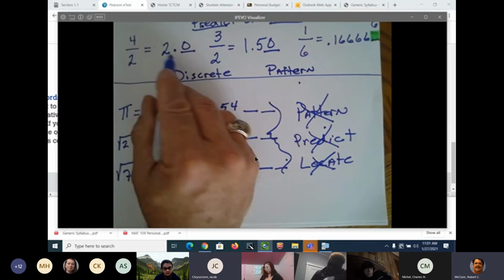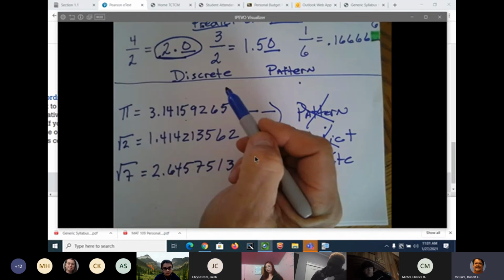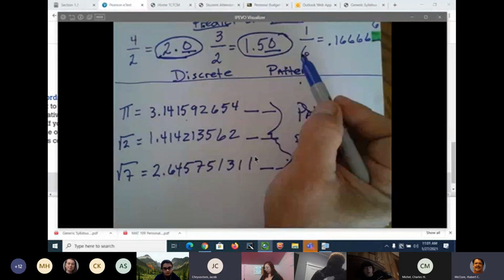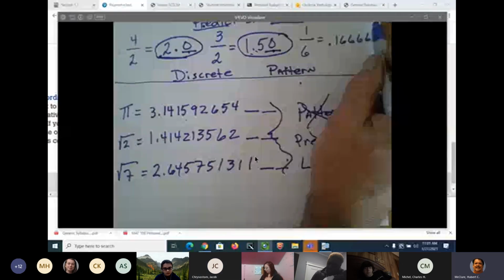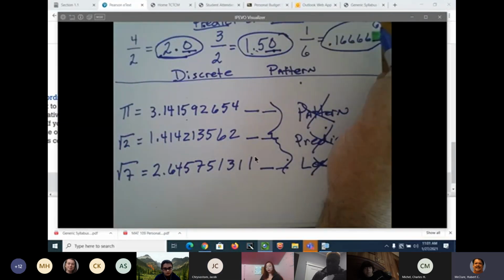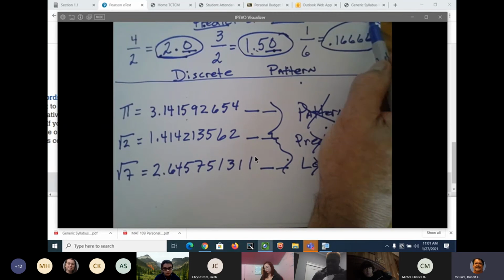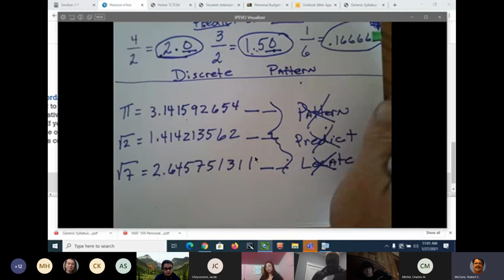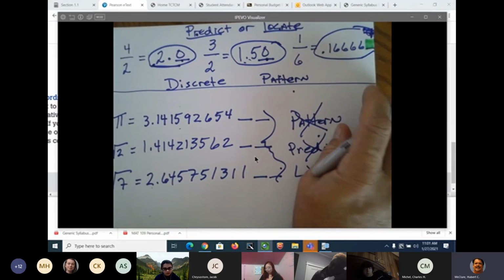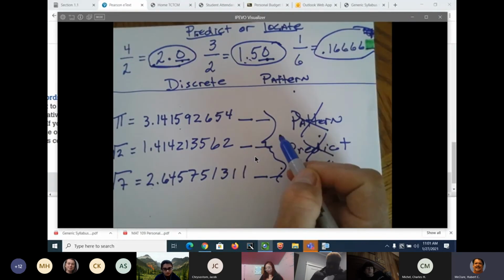You can locate this because you know that it ends with a 0. You can locate this because you know that this next digit is a 0. You can locate this because you know eventually this digit will turn into a 7. That is the difference between discrete and continuous.